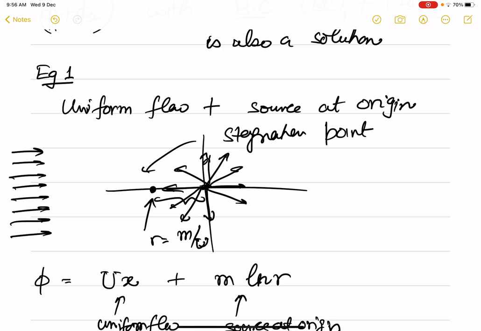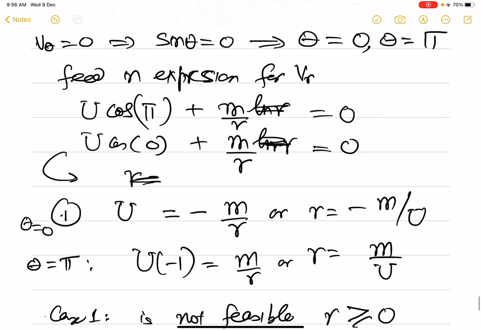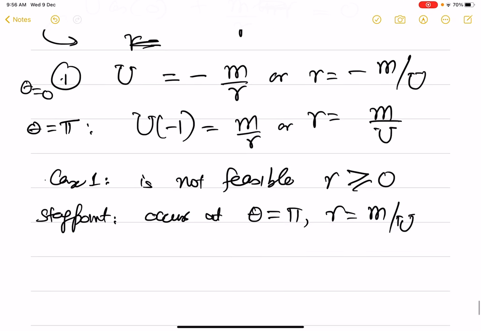On the negative x-axis, the velocity due to the source is negative. So there will be some point where these two will be balanced and will cancel out, and that gives us the stagnation point. So from a geometric viewpoint also, this stagnation point looks feasible.